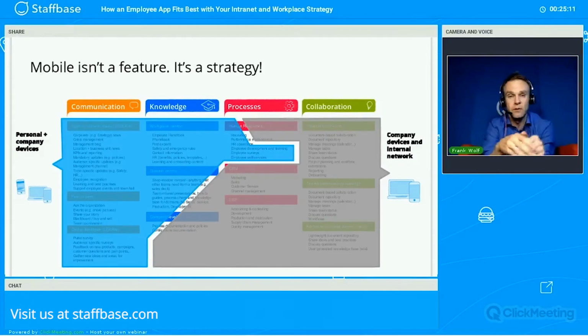I will show you the approach in the next slide, right? One thing to keep in mind before I turn over: the communication part is shown here in a lot more detail than the other parts, because we just wanted to show a lot of example use cases.